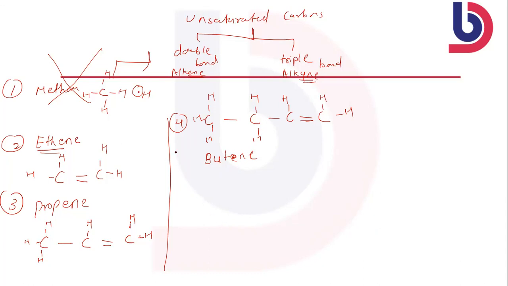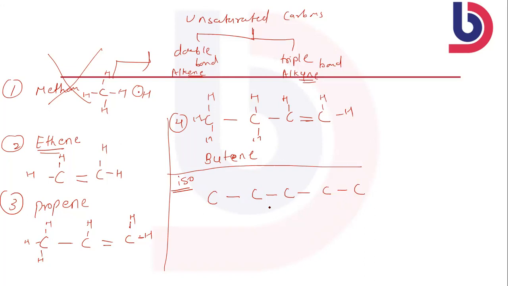Now let us understand the second type in the alkene, which is the iso group. As I said, iso means you have to attach the branch carbon to the least number of carbon in the chain. So let us take the example of pentane.